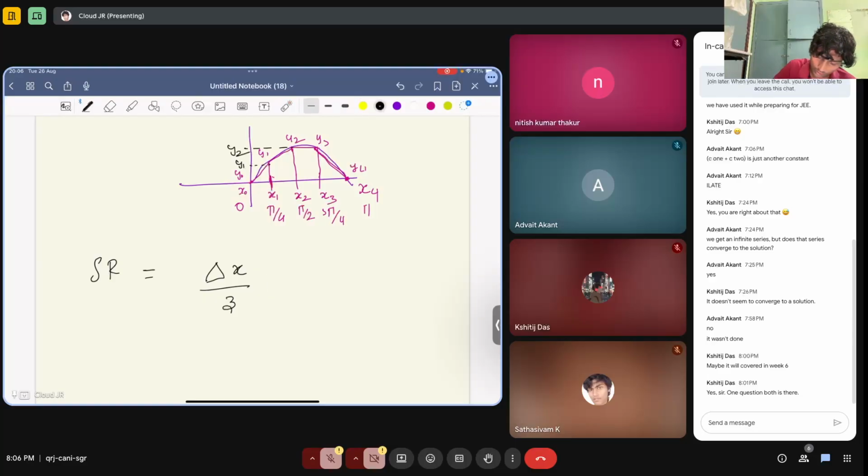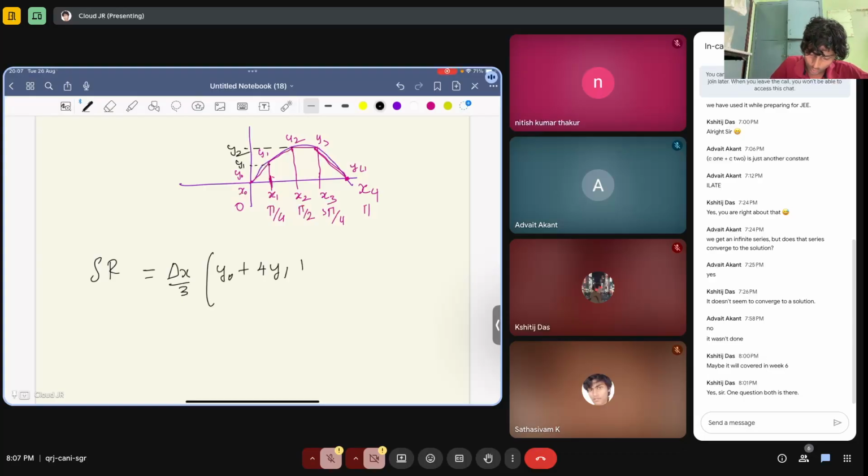So y0 plus 4y1 plus 2y2 plus 4y3 plus y4. The formula is like this, but let me write it a little bit differently, which makes life easier here. So it's delta x by 3, and you start with y0, plus 4y1.